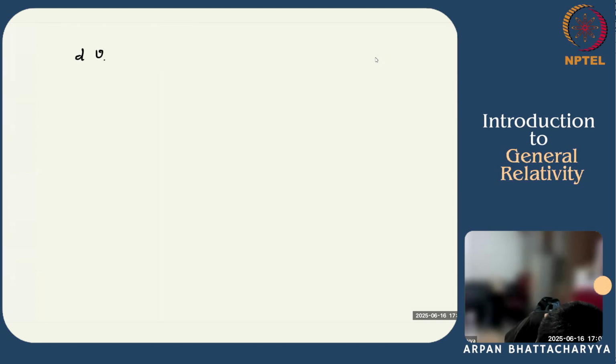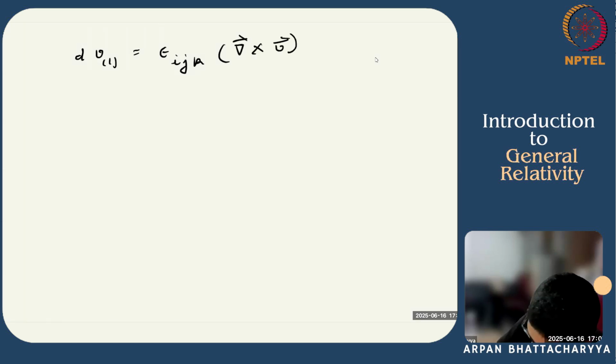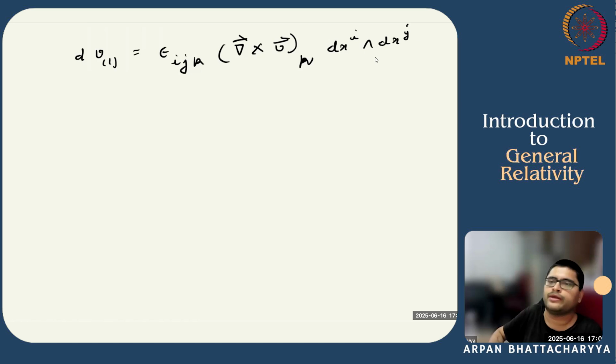So d of this V1 is nothing but epsilon ijk curl of V component again. Just to remind you that repeated indices are summed over, and here ijk just take the values 1, 2, 3, and these are all space indices, so we don't have to bother about the opposite sign that is associated with the time coordinate, because we are just working in R3.